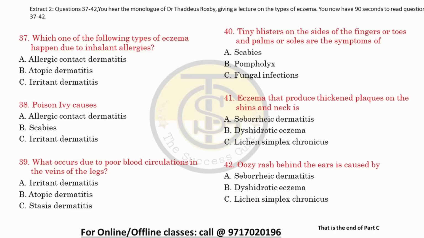Scabies is caused by an infestation by the human itch mite and produces a rash very similar to other forms of eczema. Pompholyx or dyshydriotic eczema is very common and affects the hands and occasionally the feet by creating an itchy rash composed of tiny blisters on the sides of the fingers or toes and palms or soles. Lichen simplex chronicus produces thickened plaques of skin commonly found on the shins and neck.